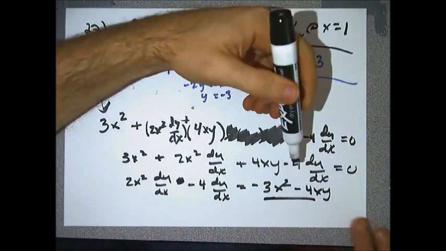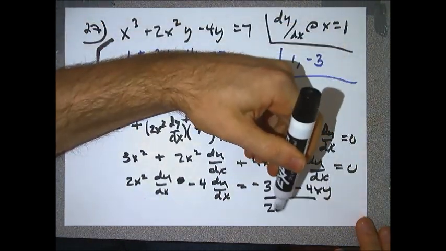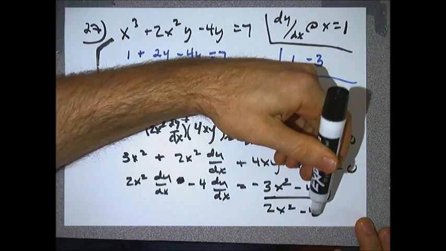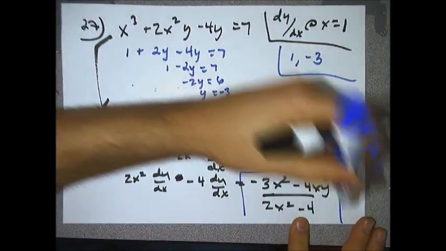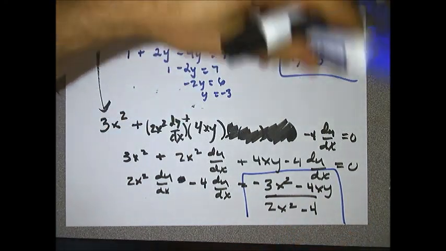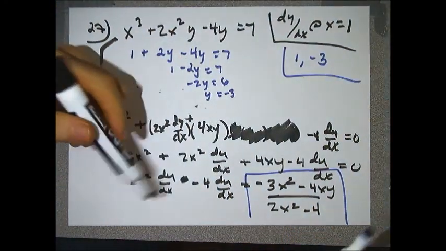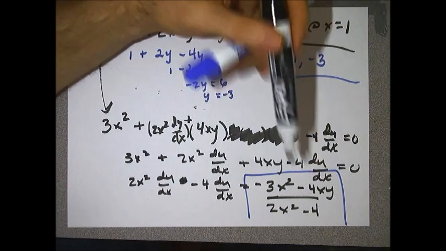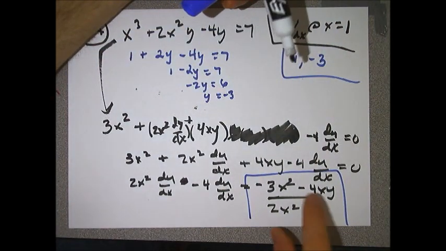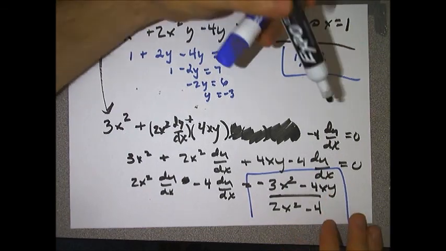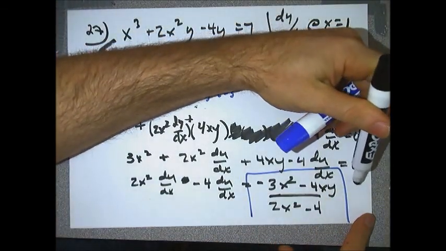And we're going to be dividing that by 2x squared minus 4. Into this, we want to plug our 1 and our negative 3. So if we plug those in, what do we get? If I plug in 1, that's negative 3 minus minus, so plus. Negative 3 plus 12 is 9.